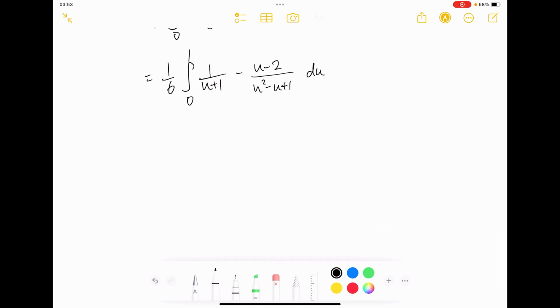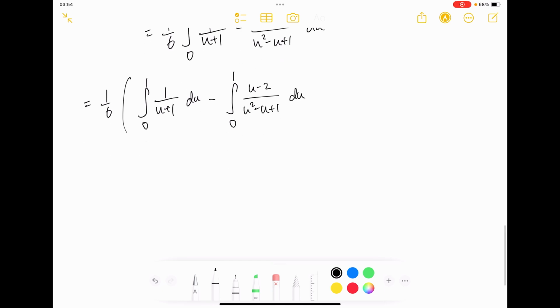So we're going to do the standard thing, which is to split this up into two integrals, put a big bracket there, and then 1 over u plus 1 du, and then subtract this integral. So the left integral, hopefully you can see what's going on.